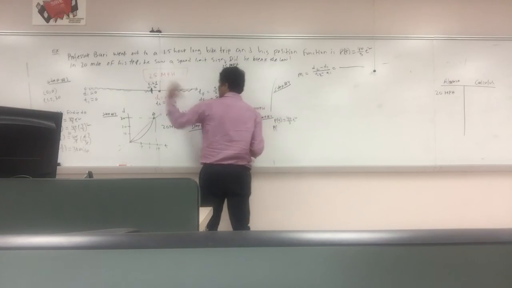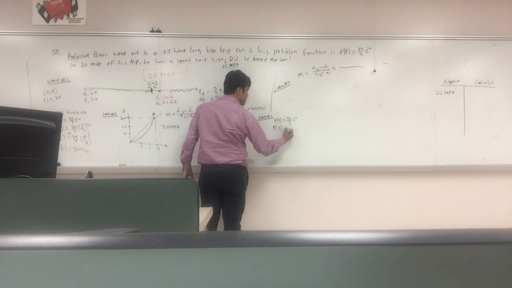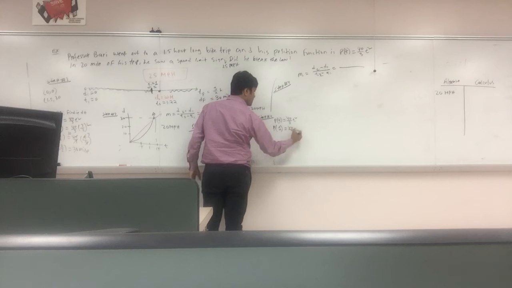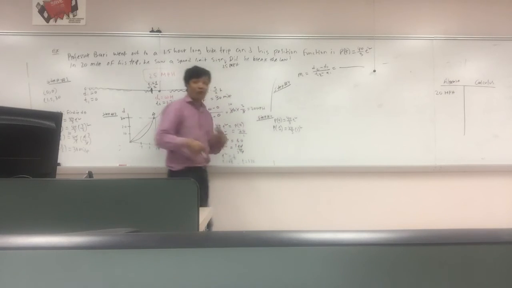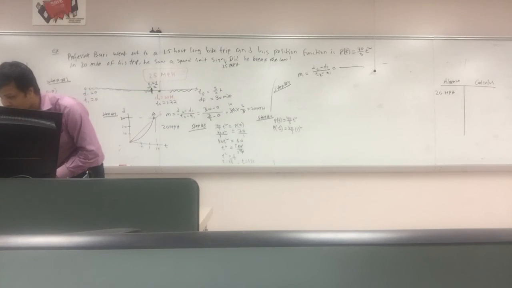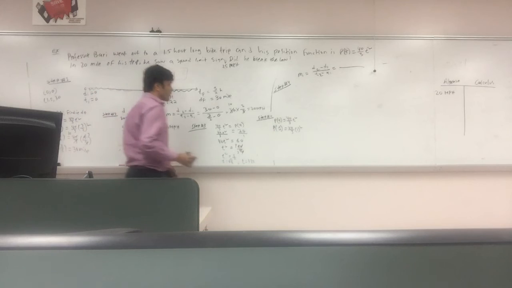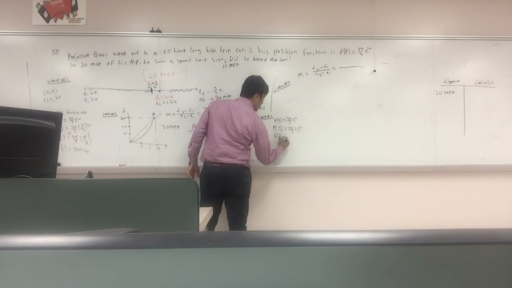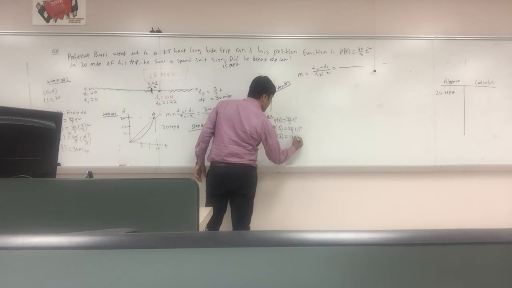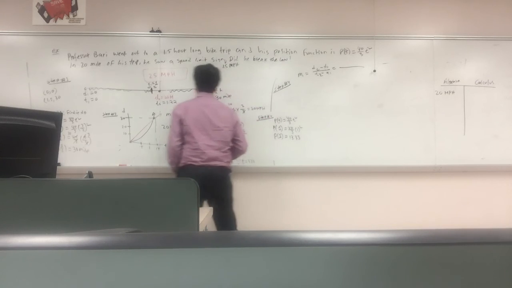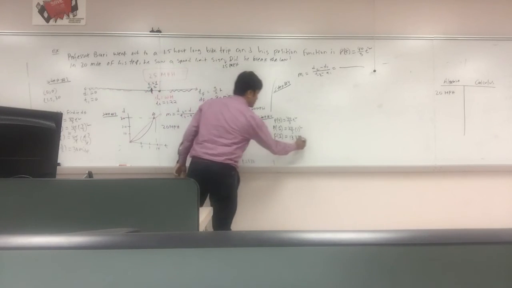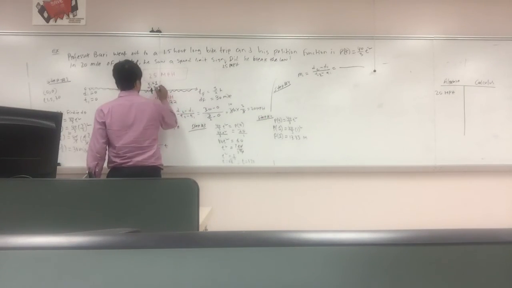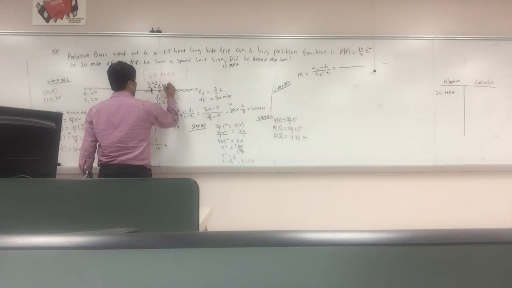So P at 1 hour is 40 over 3 times 1 squared. 40 divided by 3 is 13.33. So P at 1 hour is 13.33. So D1 is 13.33 miles.